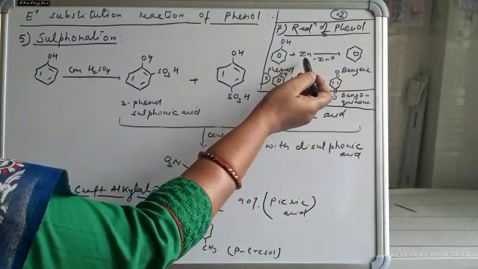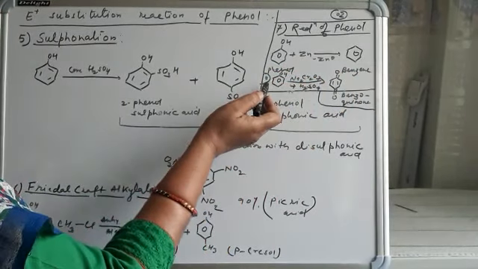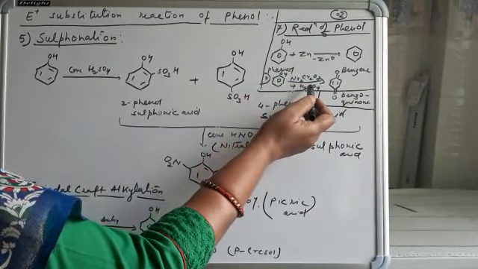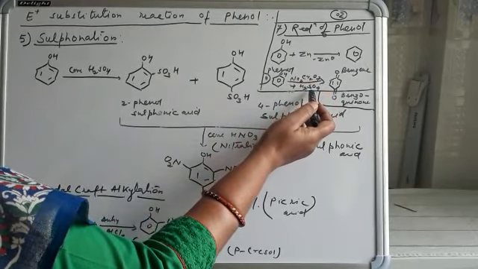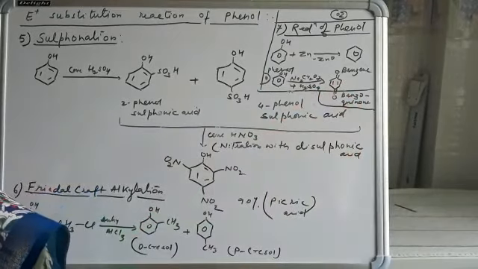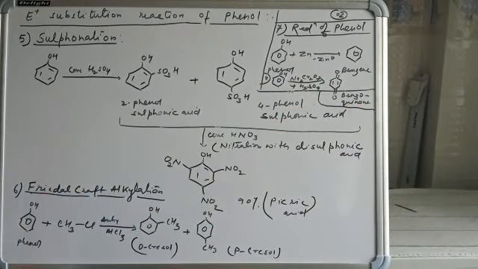Phenol, when treated with zinc, forms benzene. Phenol, when treated with oxidizing agent, Na2Cr2O7 in acidic medium, forms benzoquinone.